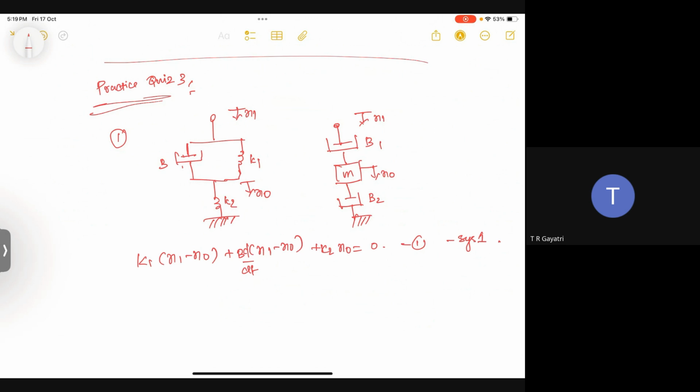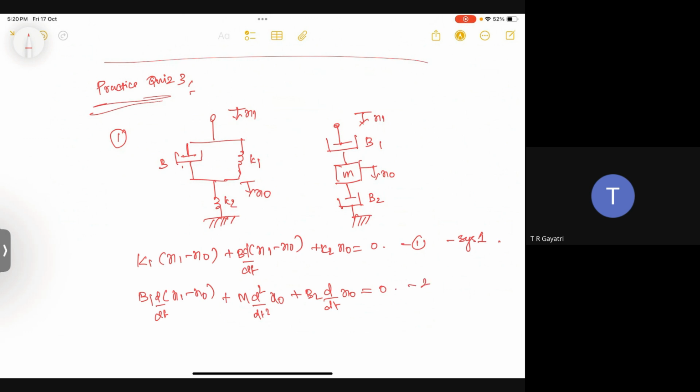For the second system, B is connected between these two, then it will be B1 into d by dt of x1 minus x0, and m will be d squared x0 by dt squared, x0 only, plus b2 is connected to only x0, d by dt of x0, will be equal to 0.